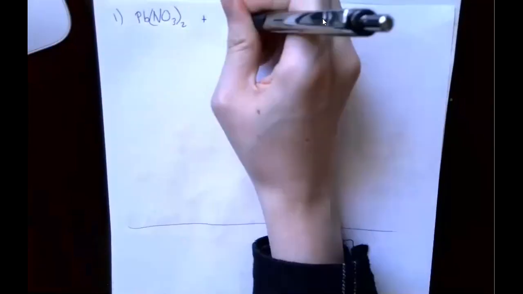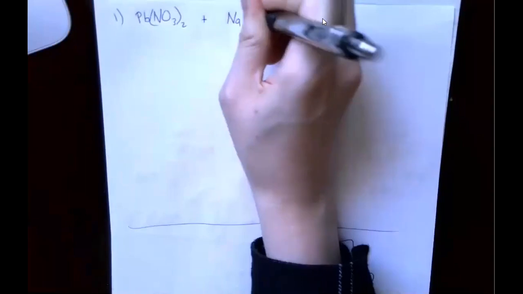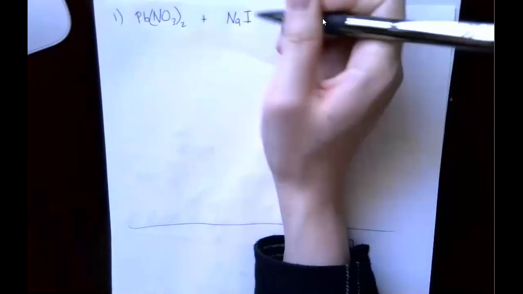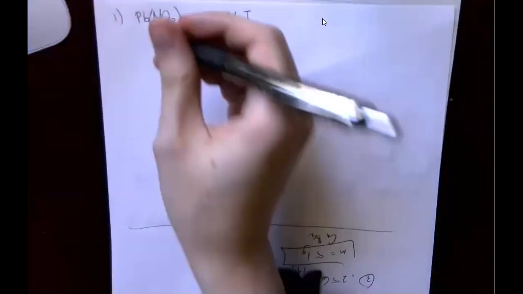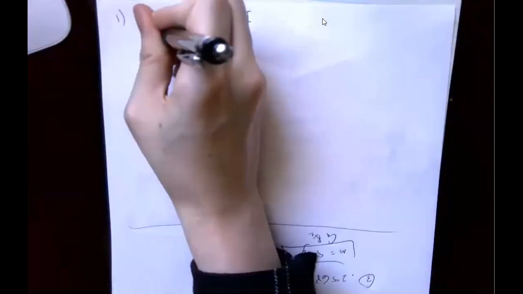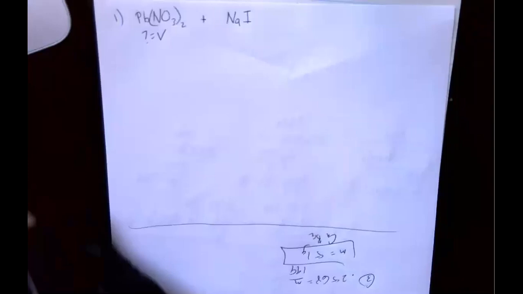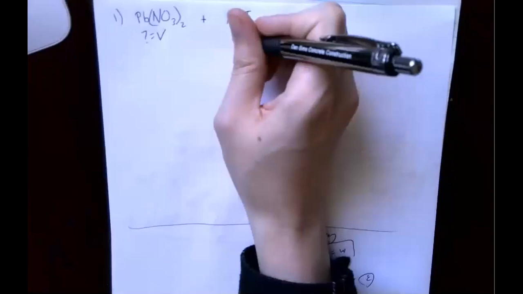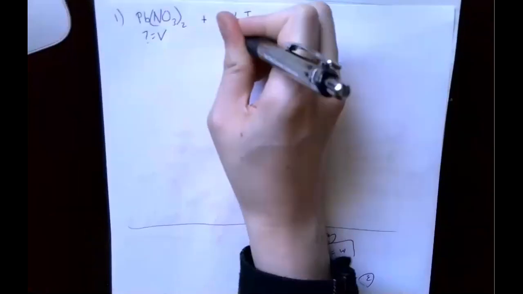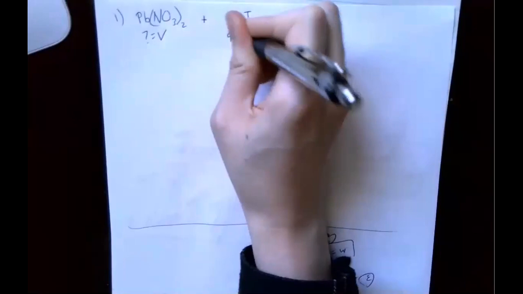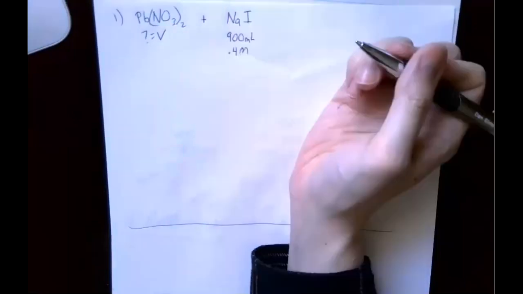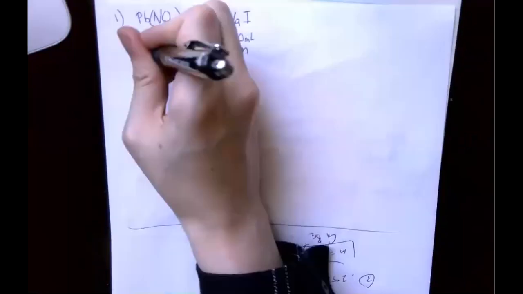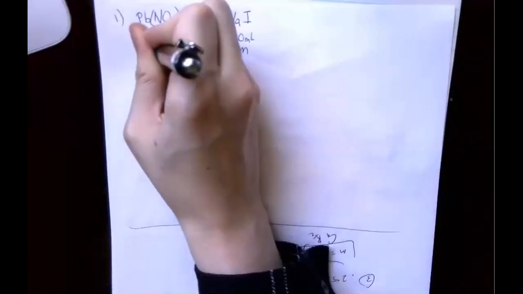It's going to react with sodium iodide, and it wants to know what volume of the lead nitrate, so I'm trying to find the volume of the lead nitrate, is going to be needed to completely react with 900 milliliters of 0.4 molar sodium iodide, and we're told that our lead nitrate is 0.2 molar.